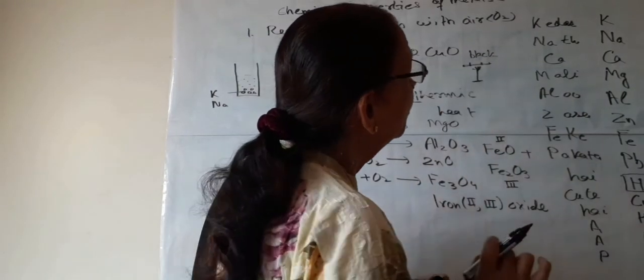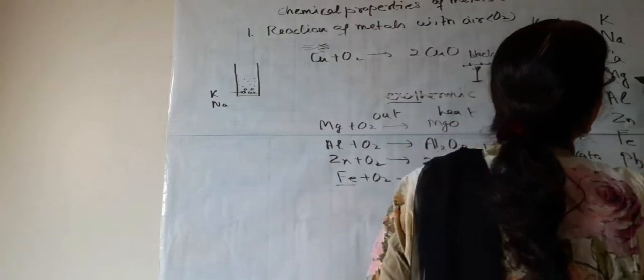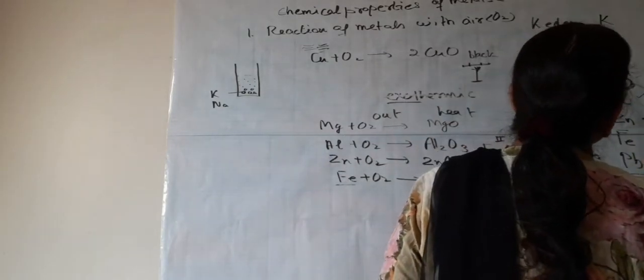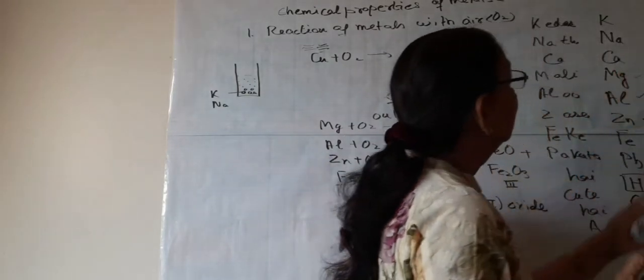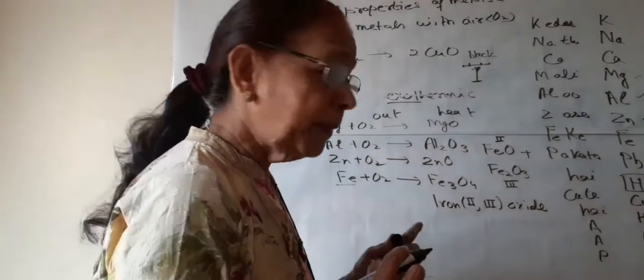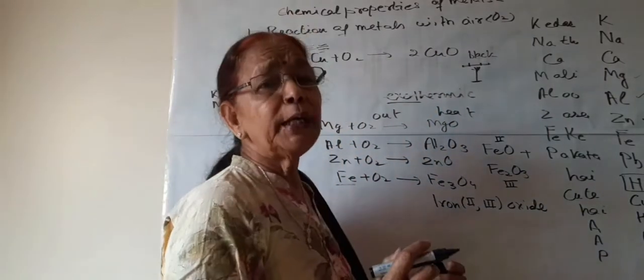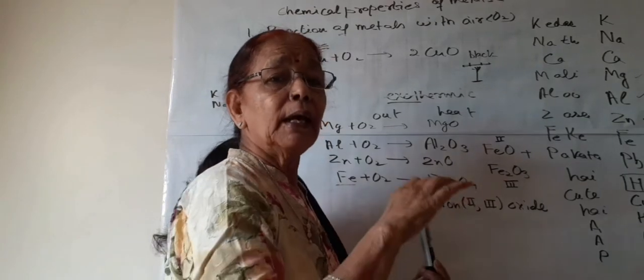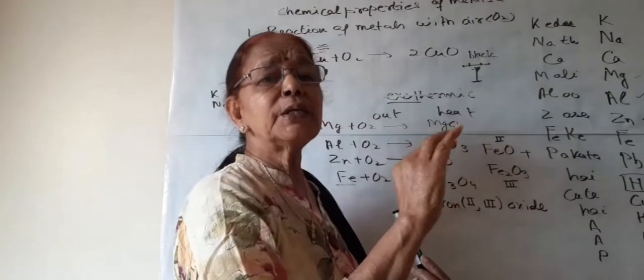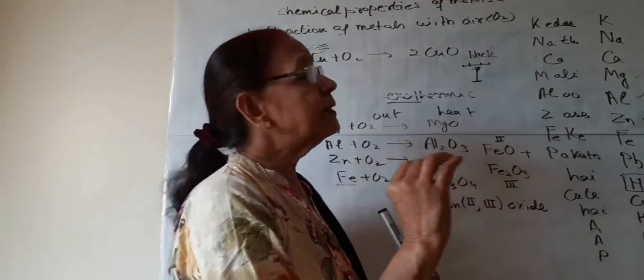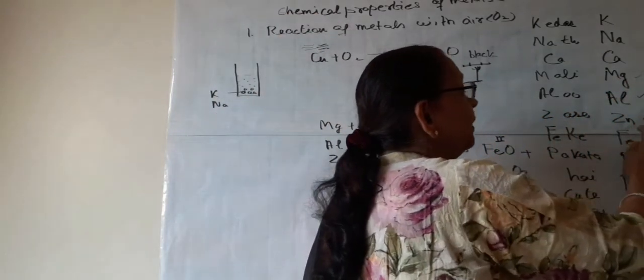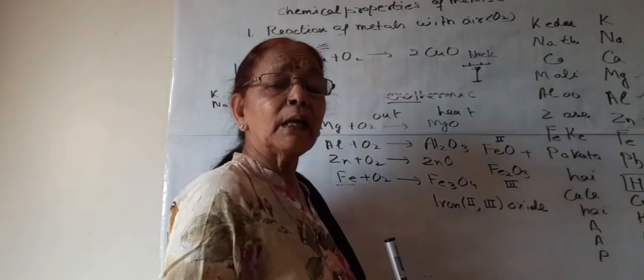Now one thing more. These metals, magnesium, aluminium, zinc, when they are put in air, slowly a dull covering is formed on the pieces of magnesium, aluminium and zinc. What is this dull covering?